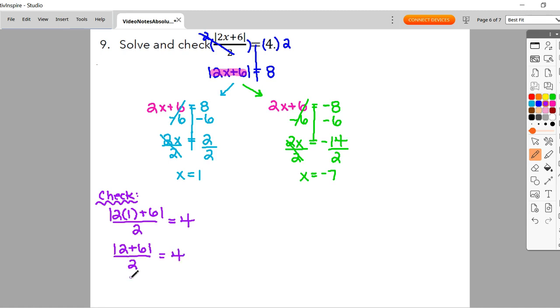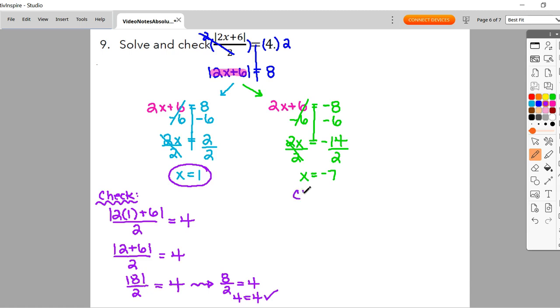I now add the 2, which will get me the absolute value of 8. When I divide the absolute value of 8, which will come out to be a regular 8, by 2, it will indeed be 4. Making that a true statement and making that an actual solution.